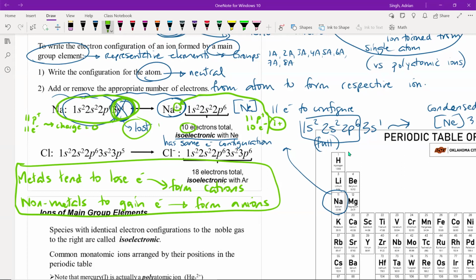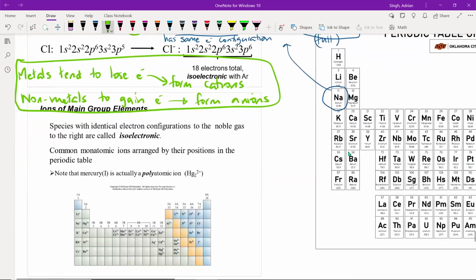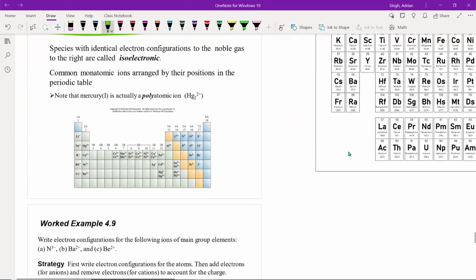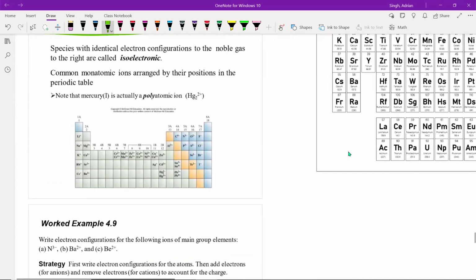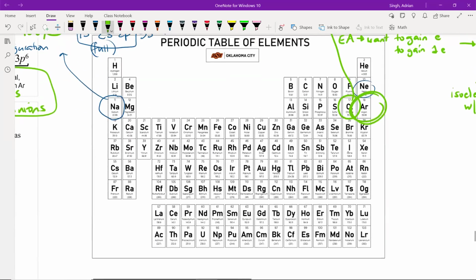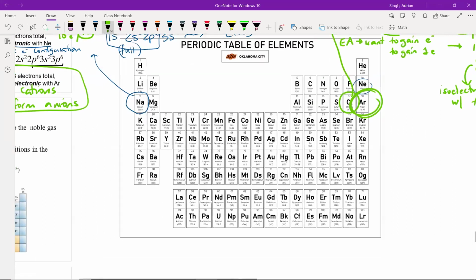So for the main group elements, we can determine their charges using their electron configurations. We can also use the periodic table to help us figure out what the charges are going to be. Okay, and we'll just give you a quick snapshot of this right now, and then we'll come back to this when we get to the subsequent chapters.